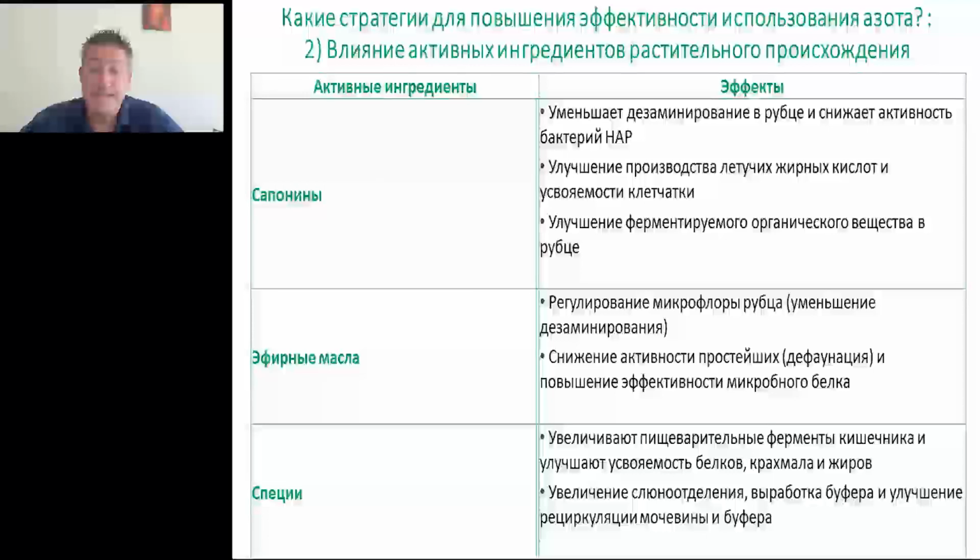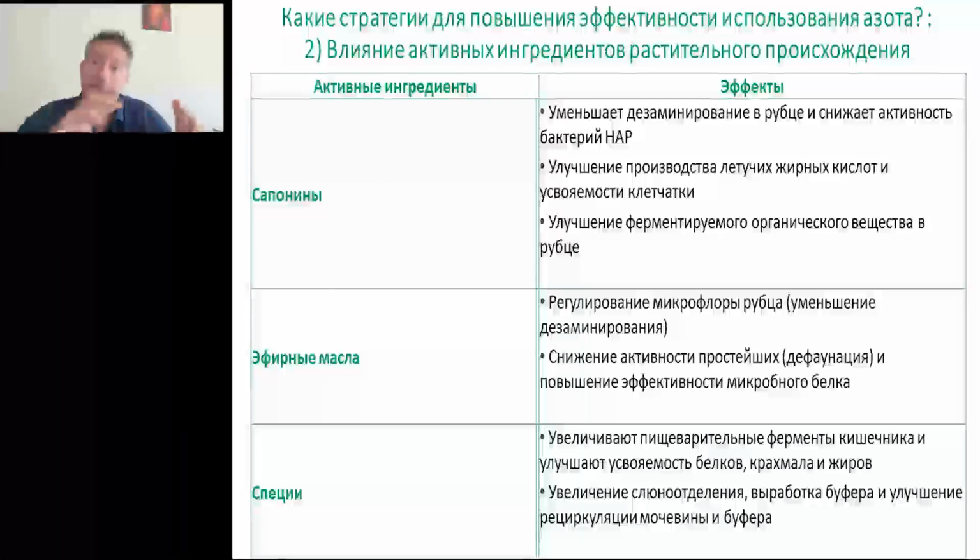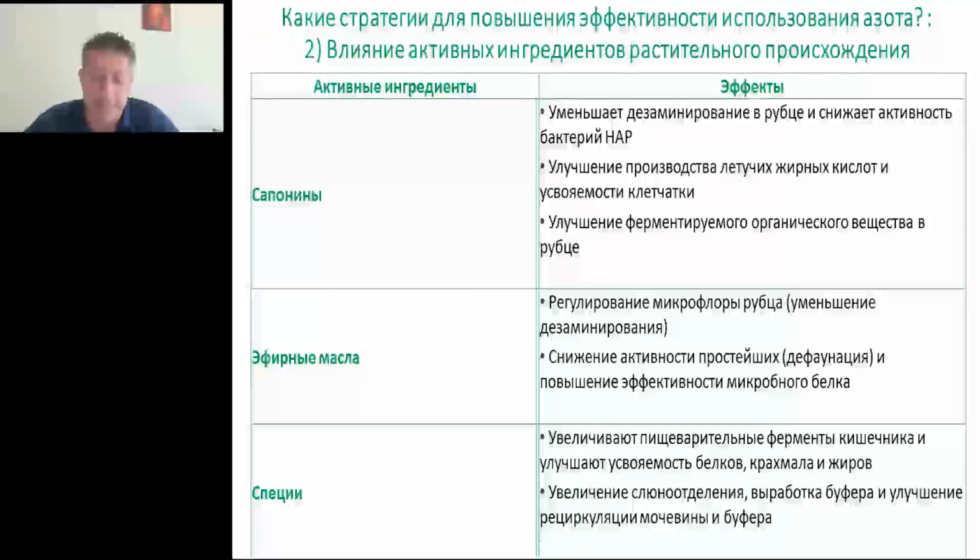The second strategy could be the use of phytogenics. They help a lot, and the main target of a combination of essential oil, spices and saponin is to improve this protein efficiency with more milk production or more protein content. In this case, we should add it on top of the diet.